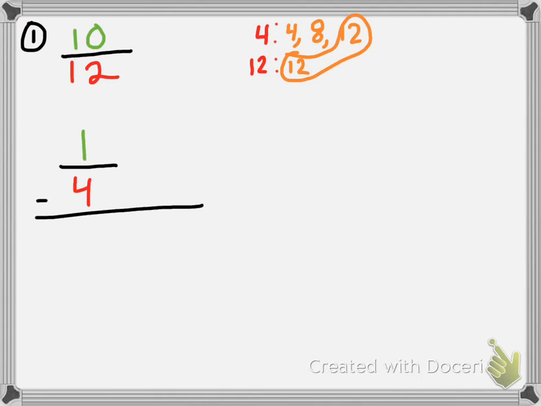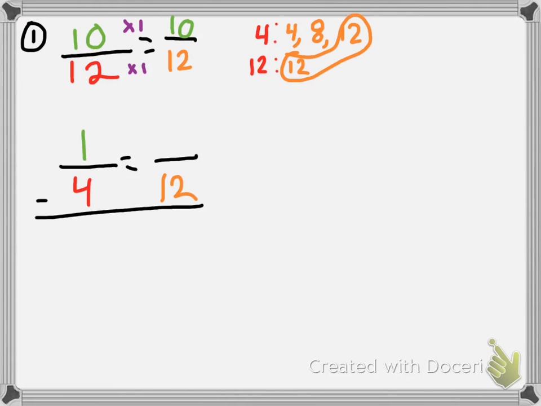It's 12. So my new fraction is going to have a denominator of 12. We've renamed these fractions with a denominator of 12. So 12 times 1 is 12, so that means 10 times 1 is 10. That fraction stays the same.